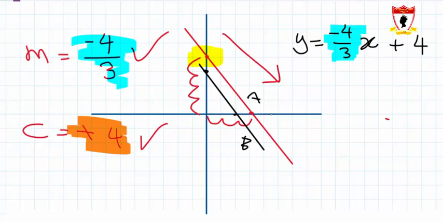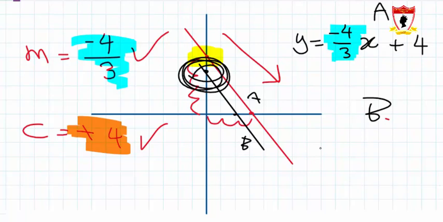Since these two lines are parallel, it means their gradients are exactly the same. What changes is only the y-intercept. So since line B is parallel to line A, this is the equation of line A, the equation of line B will look like this. Y equals, since line B is parallel to line A, they have the exact same gradient.